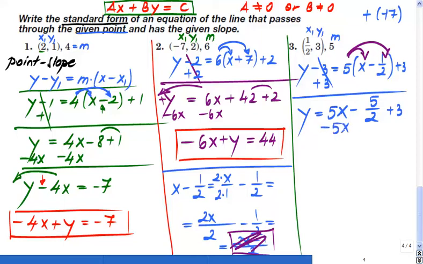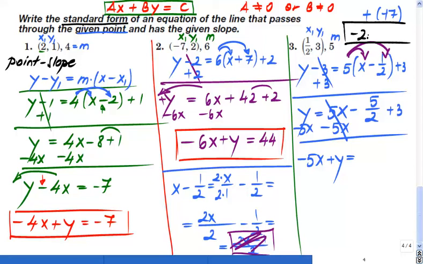And I have to take this 5x away from both sides. And I have negative 5x plus y, nothing here, equals negative 5/2 plus 3. Well, negative 5/2 is actually negative 2.5.